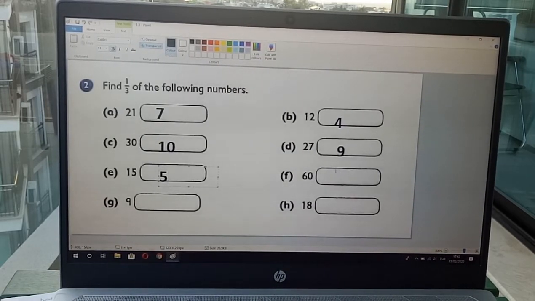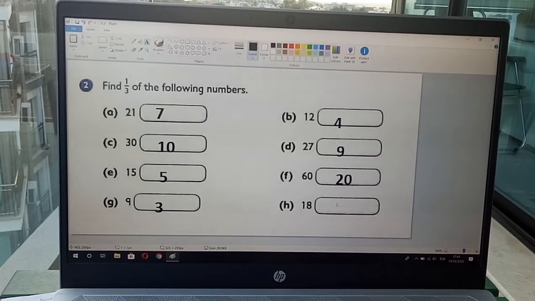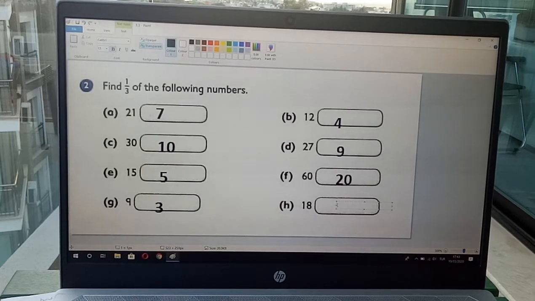Letter F, 1/3 of 60 is 20. Letter G, 1/3 of 9 is 3. And letter H, 1/3 of 18 is 6. Again, you can pause on this part so you can double check your answer.